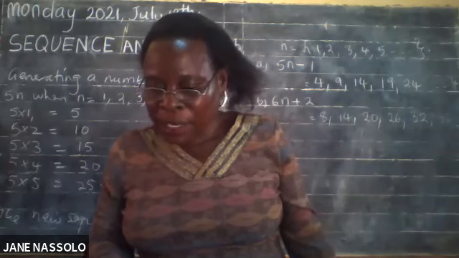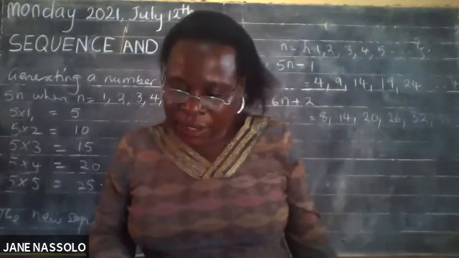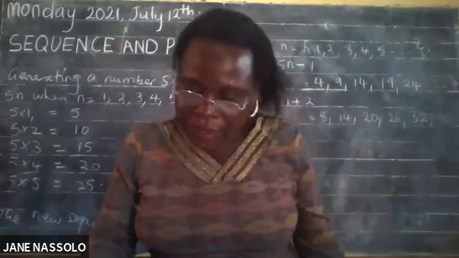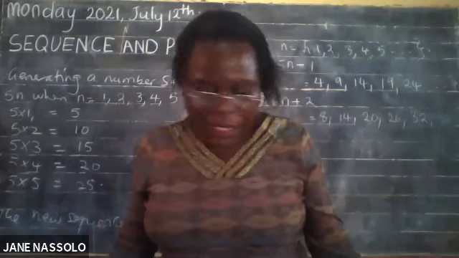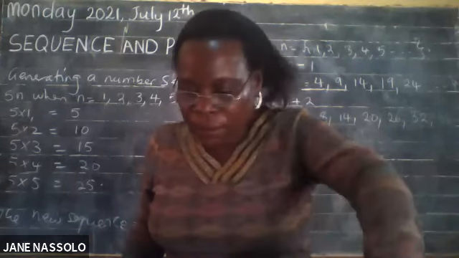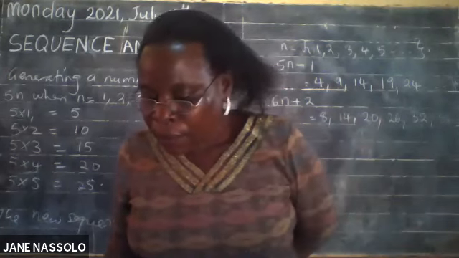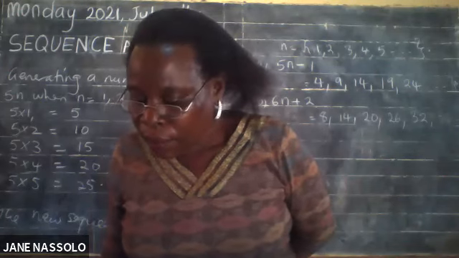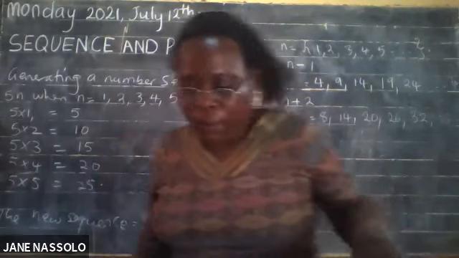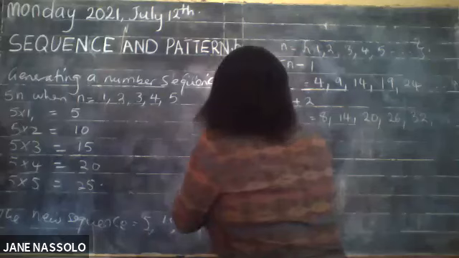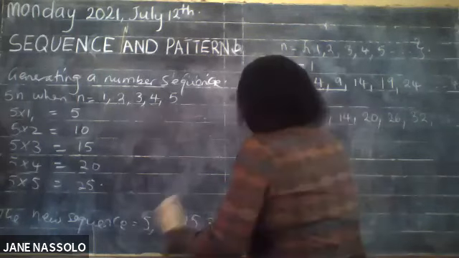Now, can somebody continue with that reading until we come to the exercise? You can find the formula for this sequence. They're just giving examples. Should I read them? You can find the formula for the sequence.